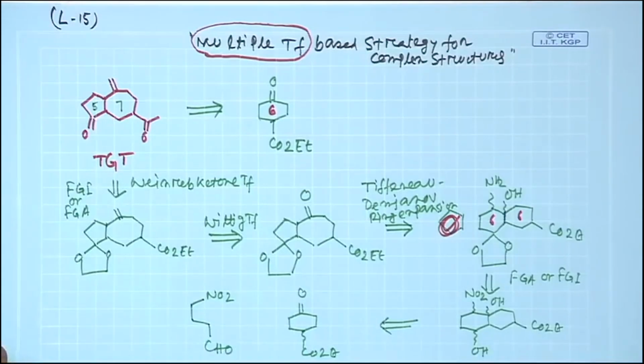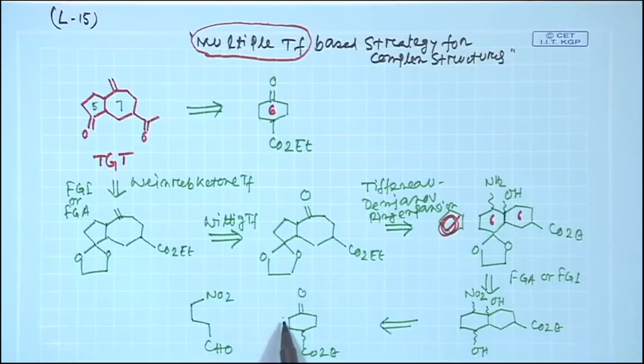Now, how? This particular cyclohexanone based compound has 2 alpha methylenic hydrogens. Okay, these are acidic, and now we are putting a nitro based aldehyde, one end having a nitro and another end having an aldehyde.